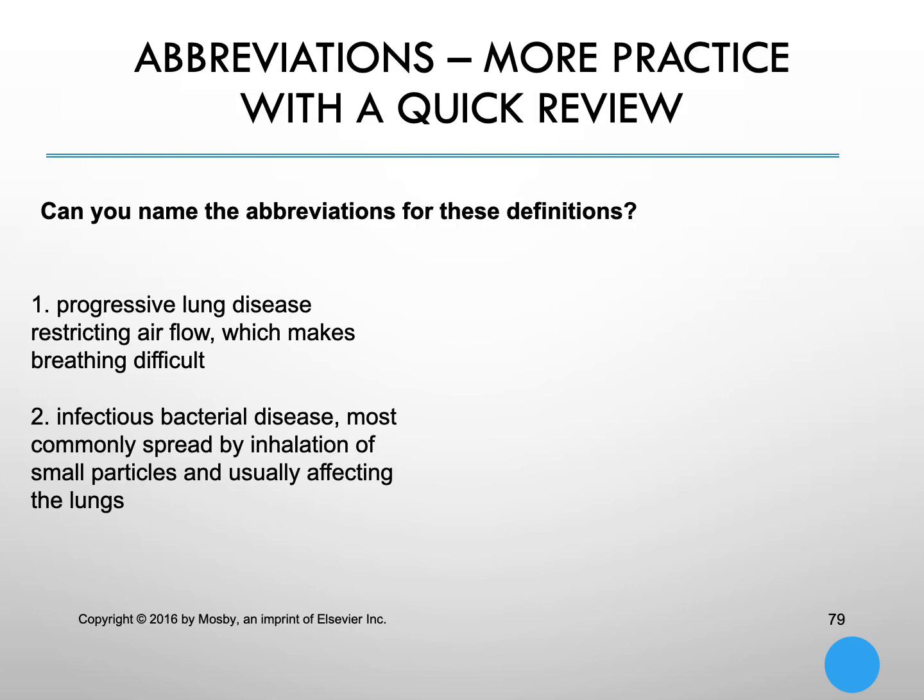All right, let's see if you can name the abbreviation for these definitions. The first one is, this is a progressive lung disease restricting airflow, which makes breathing difficult. What is the abbreviation? The abbreviation is chronic obstructive pulmonary disease.